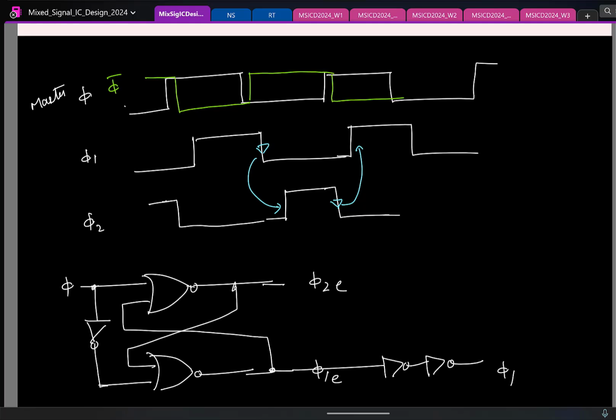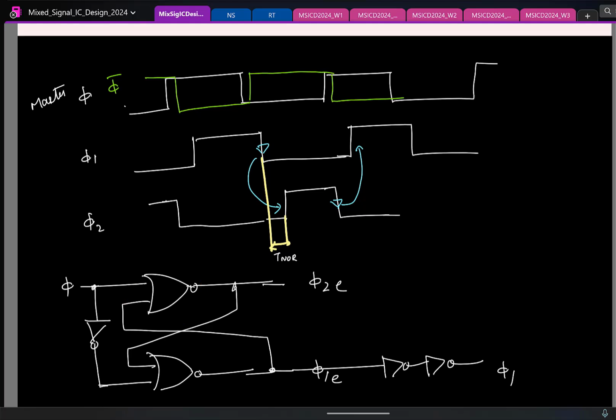Is that okay? Now of course here the time for which these two are not overlapping depends on the delay of this NOR gate, because as we saw, after this goes low is when phi 1 goes low and phi 2 goes high. So it is the delay in this NOR gate that is giving this delay. Let us say this is a T NOR gate. Now if you want to increase this delay, you increase the delay in this logic.